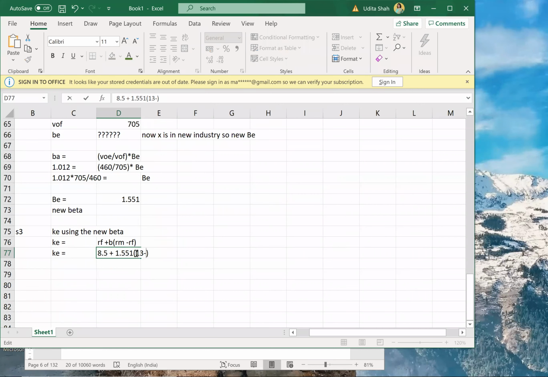So 13 minus 8.5. So K equal to 8.5 plus 1.551 into, how much is that? 4.5 into 4.5. So K equal to 15.47. K is equal to 15.47.